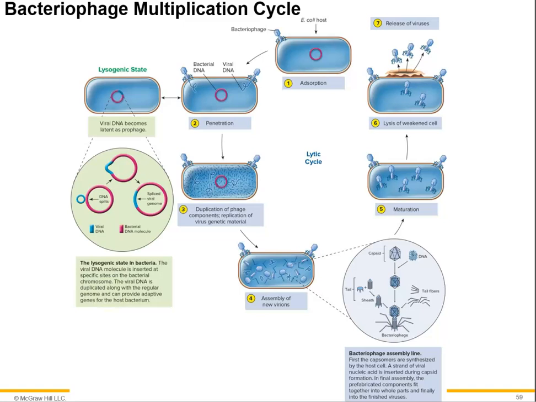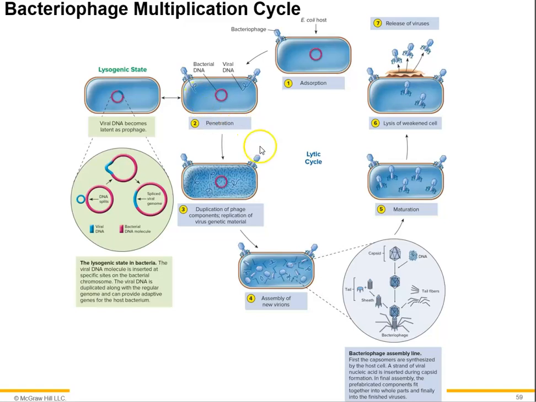All right, so let's go through the multiplication cycle of bacteriophages. Here we have our E. coli host. Here is its genome. And here is the bacteriophage, and it has landed on the E. coli. It is adsorbing to the E. coli bacterium. Next, the bacteriophage is going to penetrate the E. coli cell, and basically it acts like a syringe and squeezes the genome through the cell membrane and into the cytoplasm.